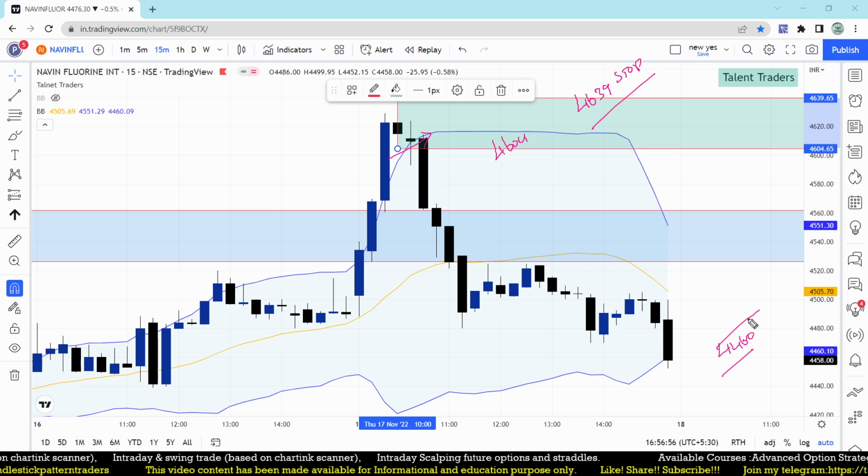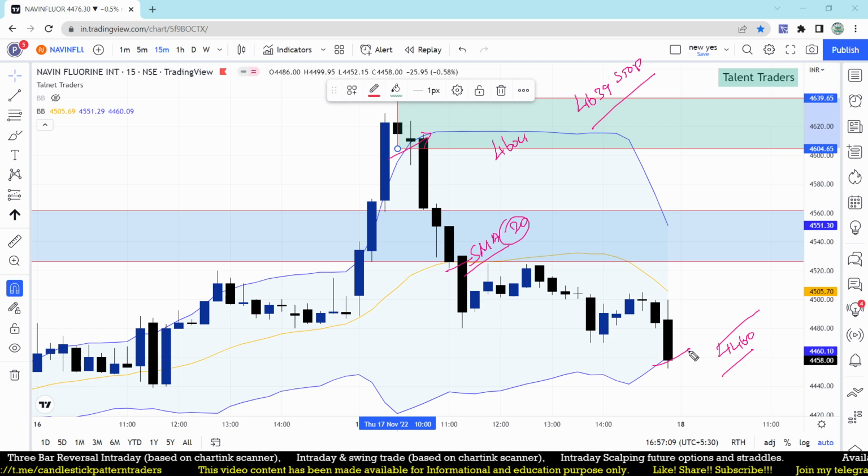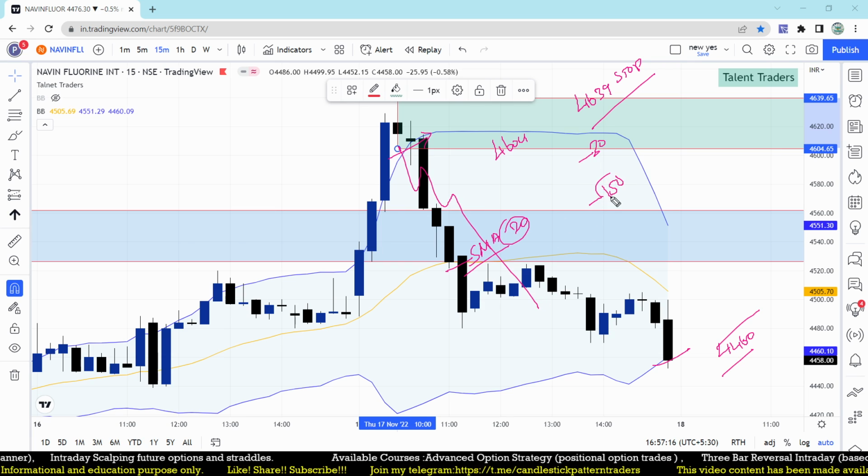It moved to the lower Bollinger Band, which is our target, and came down almost 150 points on Navin Fluorine. No other logic, very simple.